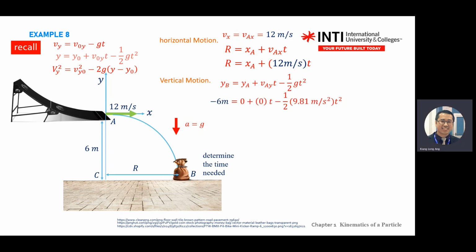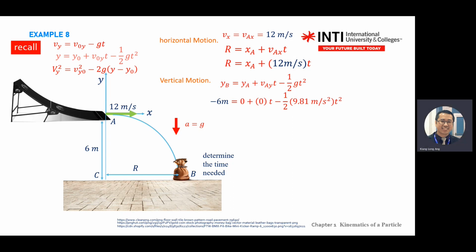You substitute the values. Careless mistakes are on the negative sign. Why negative 6 here? Because here is 0. Go down, negative. Go up, positive. So your YB is negative 6 because it goes down 6 meters.